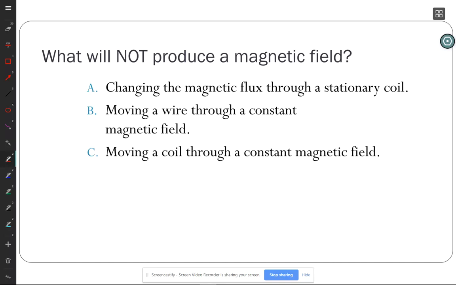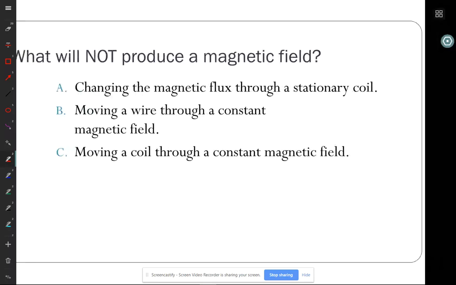No, because you have to have a changing flux. It's a constant magnetic field, and if you're moving at constant speed, you're not going to have a changing flux. And so you're not going to be changing anything. You'd have to have a changing speed to have a changing flux.